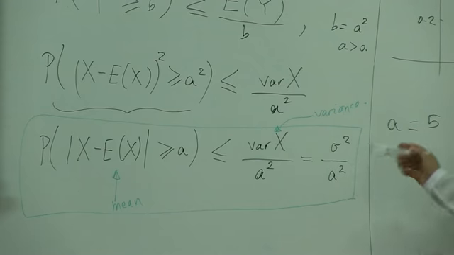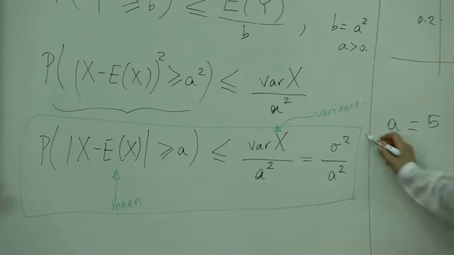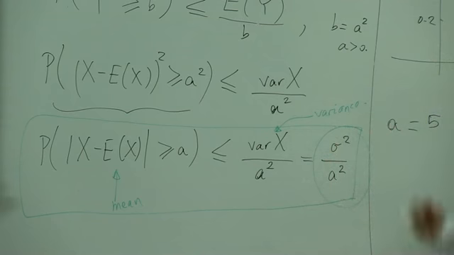Okay? So the upper bound becomes worse, of course, when this grows. When does this grow? This grows with variance. So the more the variance of the random variable, the more its tendency to be outside of a certain window around its mean. Okay, the more the variance, the more it's expected to be.